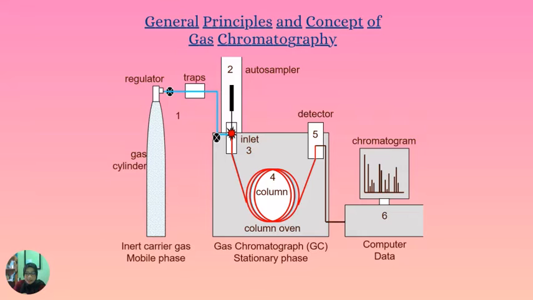Second component is the sample injection system. As shown as number 2 in the figure, the sample is injected using a syringe into an inlet of the column in a small volume and in the form of solution. A high temperature is applied to vaporize the sample solution into a gas.